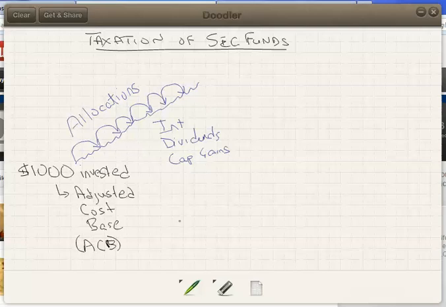Now, as we make these allocations, these are going to be taxable events. So the fund generates this interest, dividends, or capital gains, and just like with a mutual fund, in fact, there's a lot less flexibility with segregated funds here in general, this is taxable to the annuitant as it happens.